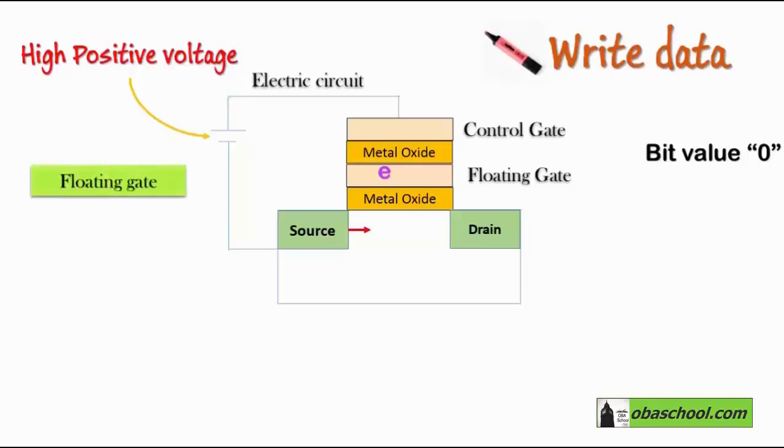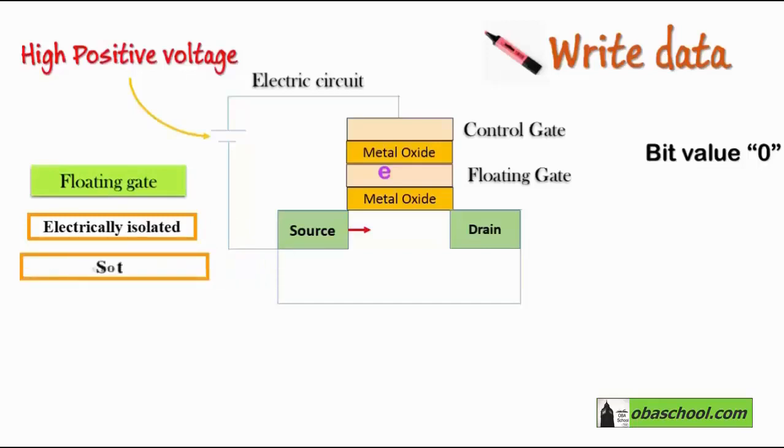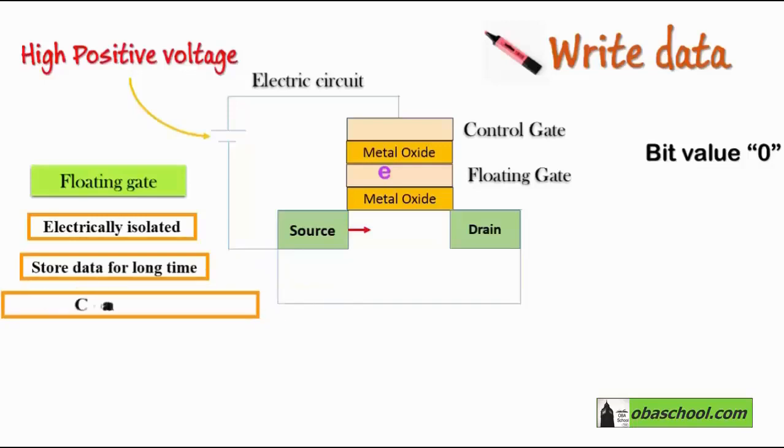Now let's see the features of the floating gate. Number one, electrically isolated. That means it is an isolated section of the circuit. Number two, store data for a long time. And finally, can work without power supply.